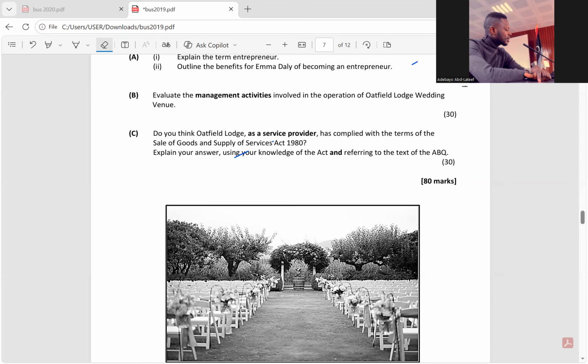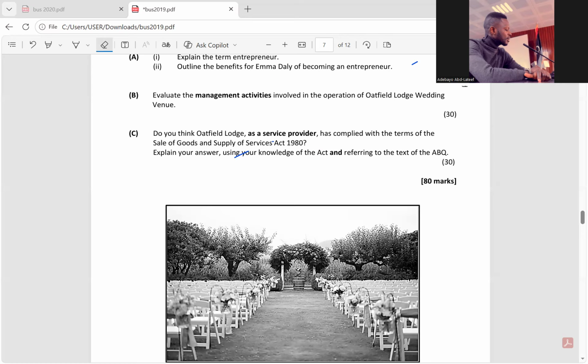We also talked about how the Sales of Goods Act of 1980 says customers have rights. We must not give customers the impression that they don't have rights when they purchase a good.